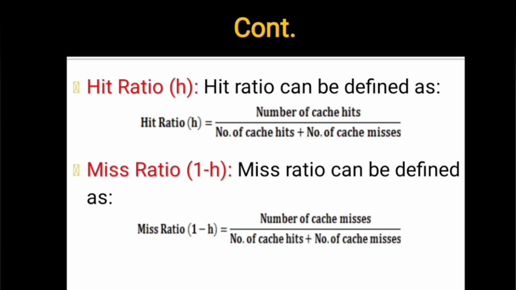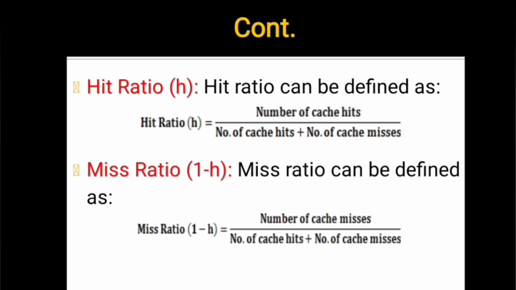From the denominator, it is quite clear that number of cache hits means when the data is read from the cache memory, plus the number of cache misses means the data is not available in the cache memory, but now the data is read from the main memory. Hence, in the denominator, we have the total number of memory references made by the processor.